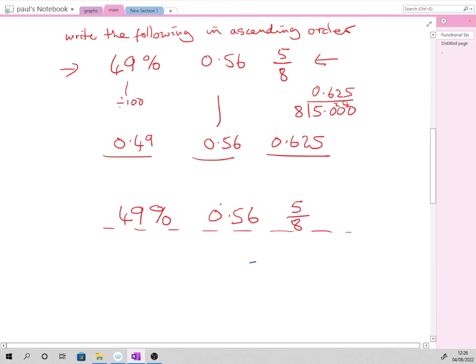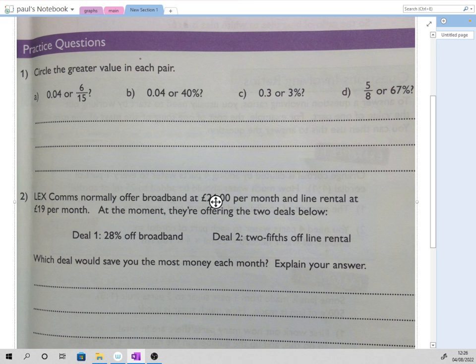So remember to write the original numbers down in your answer line to get the points. If you write these numbers, you won't get anything. Well, I don't know, it'd be cruel not to give you anything, but this is just your working out. So you've got to change it into something that you can actually compare.